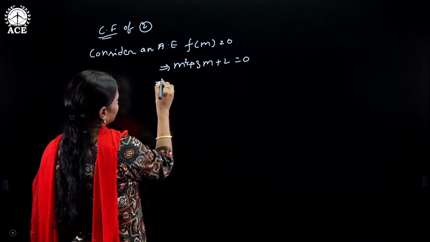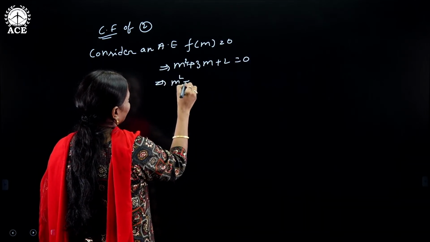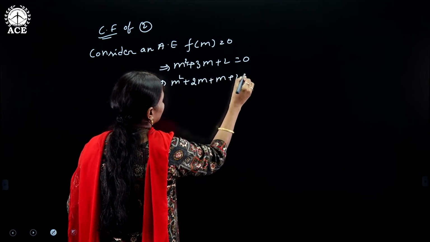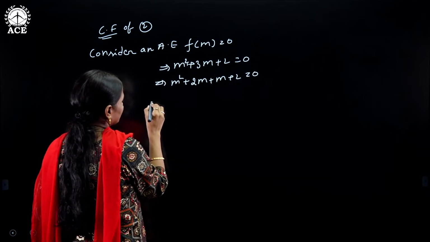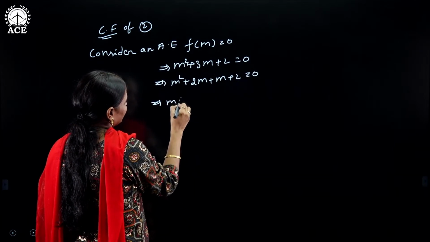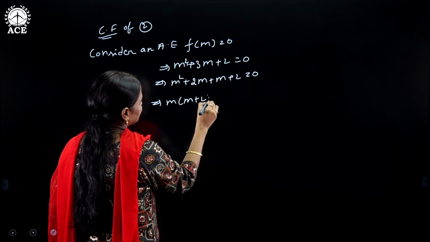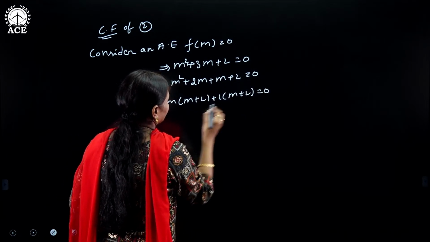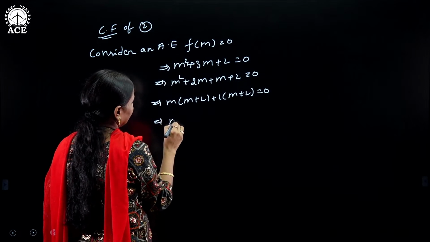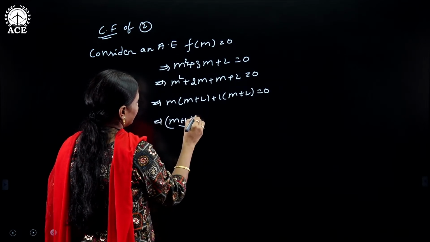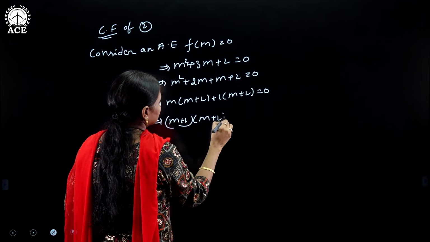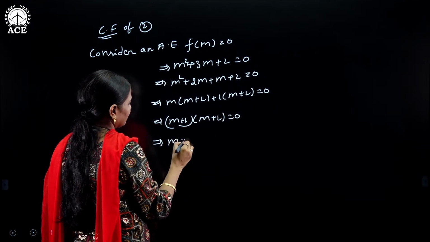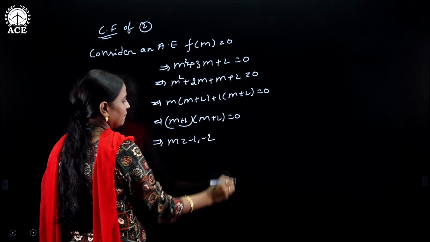So how to write this one? m square plus 2m plus m plus 2 is equal to 0. If we take m outside from the first two terms, m plus 2, plus 1 outside, that is m plus 2 is equal to 0. What are the factors? m plus 1 into m plus 2 is equal to 0. If these two are the factors, then what are the roots? m is equal to minus 1, minus 2.